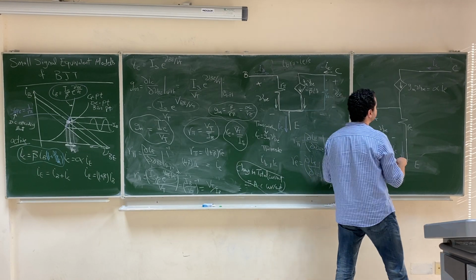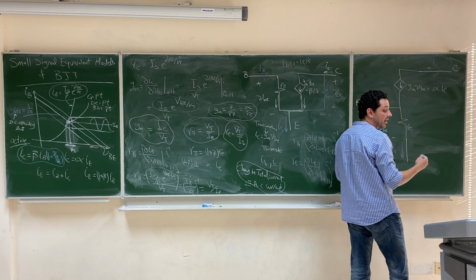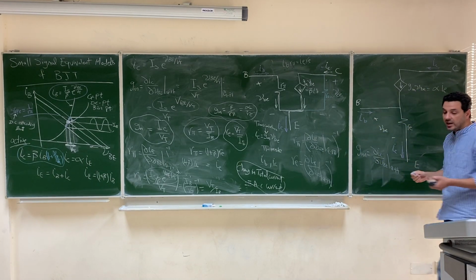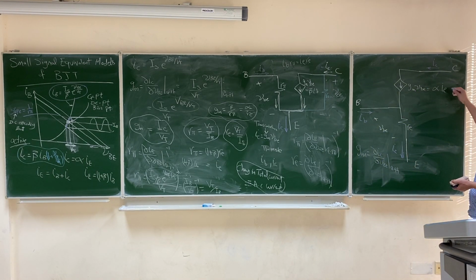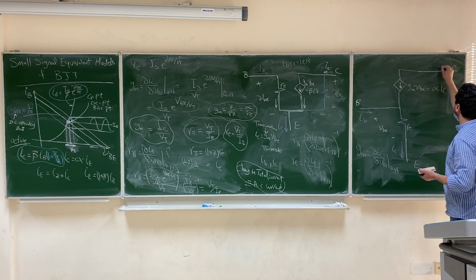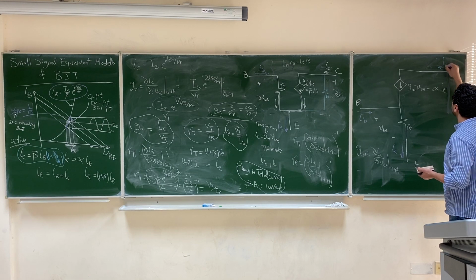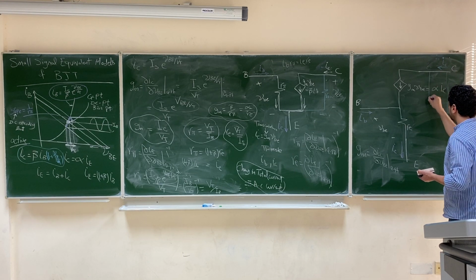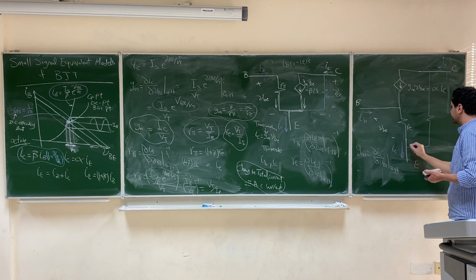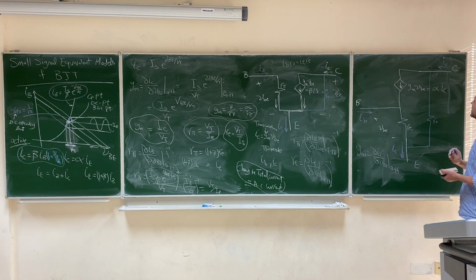Same thing here. In order to include the early effect in the T model, you have to add a resistance between the collector and the emitter. So between the collector and the emitter, let's put it here, okay? IC will be this total current, and between the collector and the emitter, you have to add a resistance like this, okay, to model the dependence of IC on the voltage VCE.